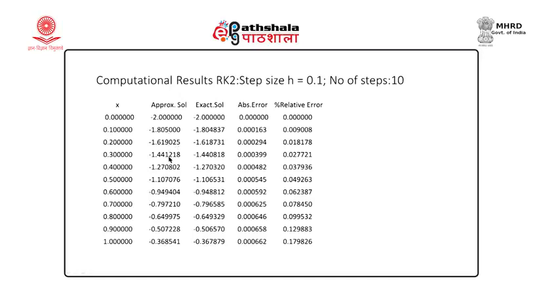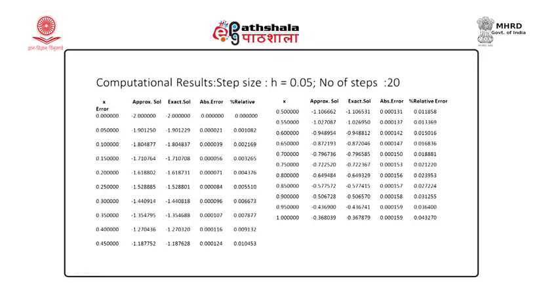So, this error goes on accumulating. As a result, as we go ahead, the error goes on increasing because of not only truncation error but also inherent error. For y4 you are using y3, y3 contains the error because y2 contains the error, and so on. So, this error goes on propagating.